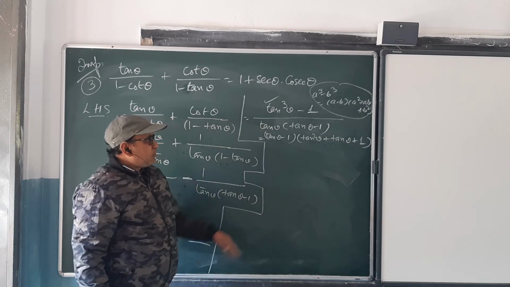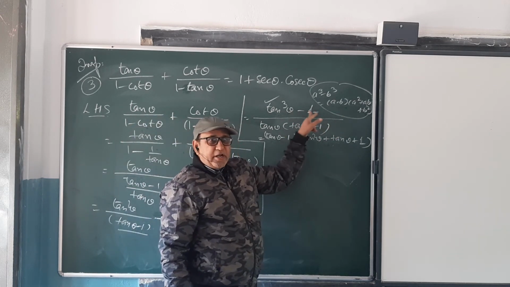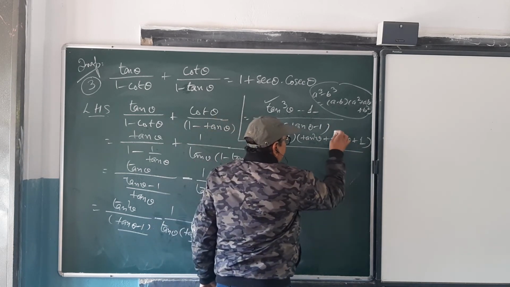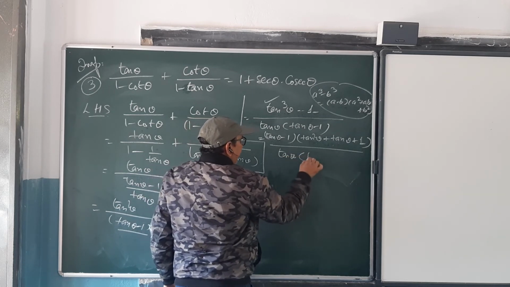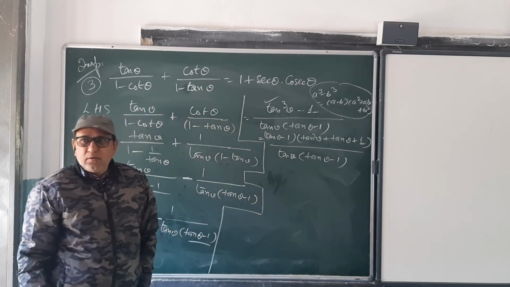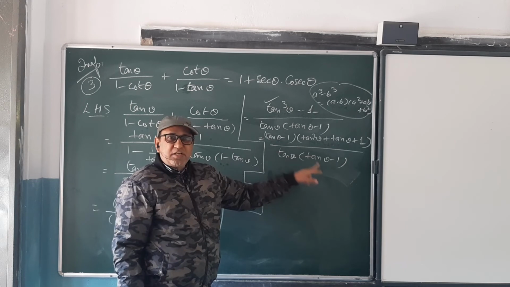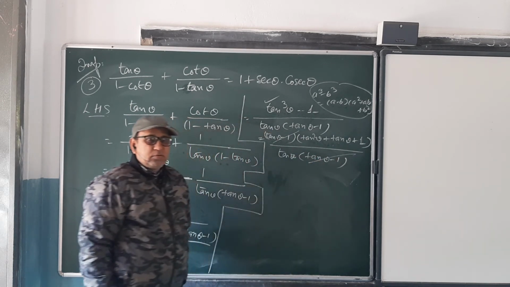That's one of the simple steps. The denominator remains as it is, tan theta into tan theta minus 1. Now we see the cancellation: tan theta minus 1 and tan theta minus 1 have gone.